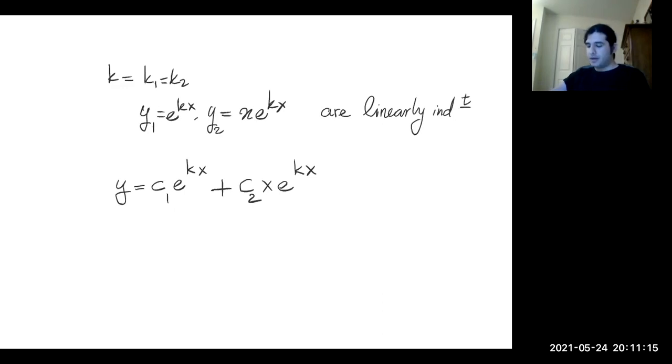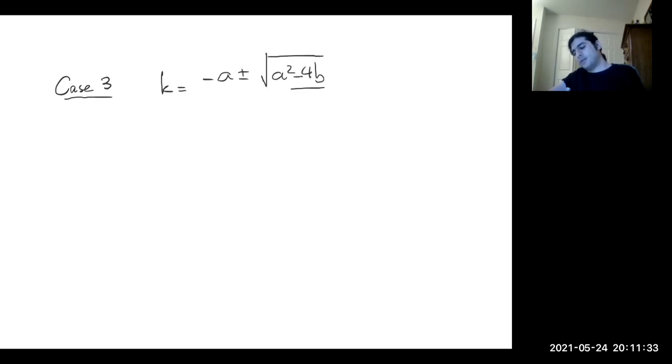Okay. If not, let's consider the third case, case number 3. This is the case where, if k is equal to minus a plus or minus the square root of a squared minus 4b, over 2, the number under the radical, a squared minus 4b, is negative.